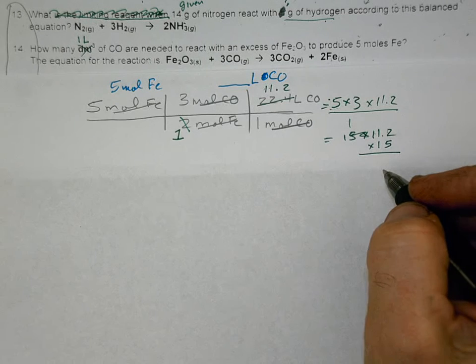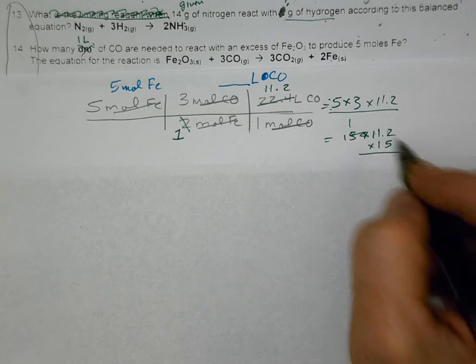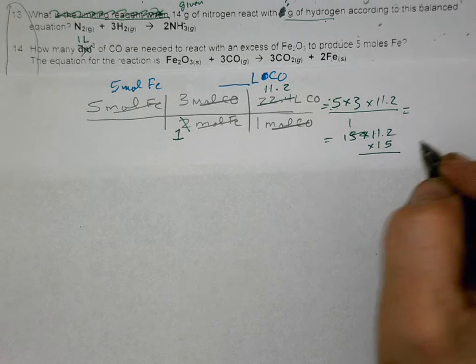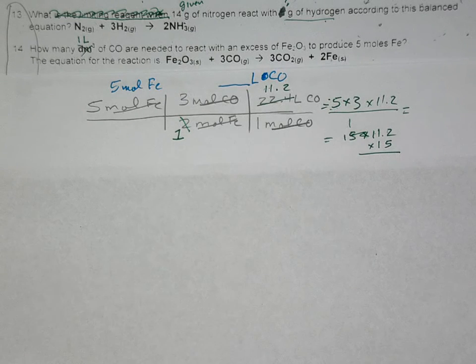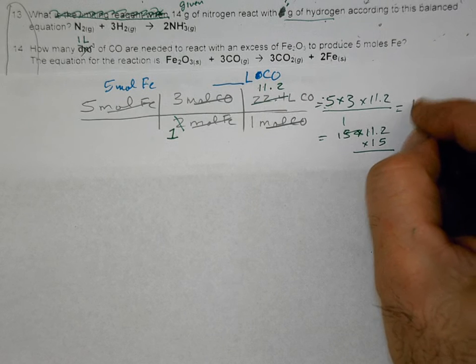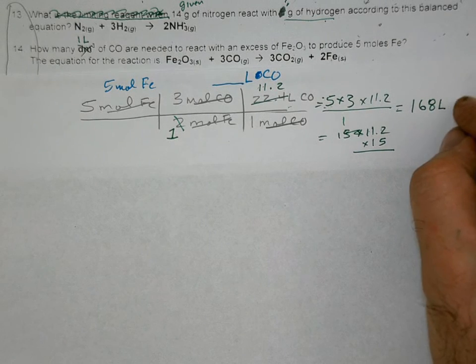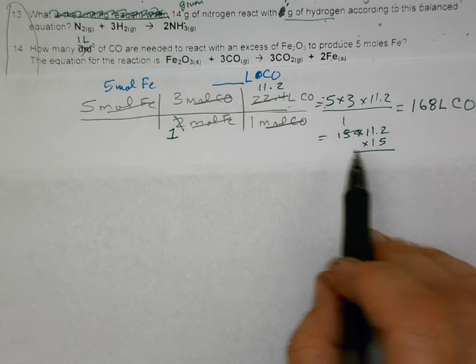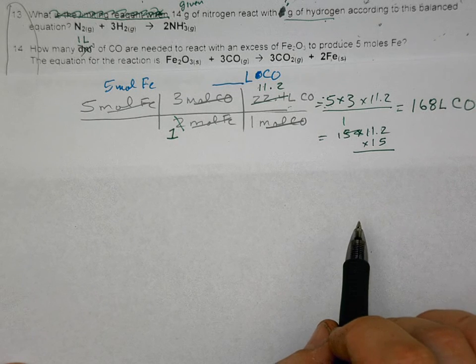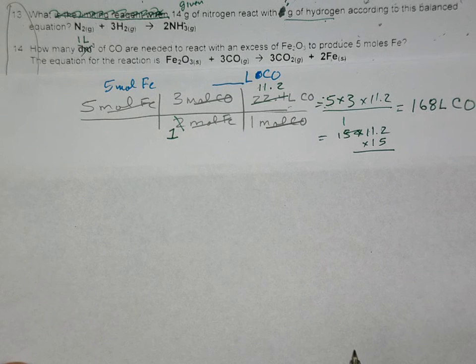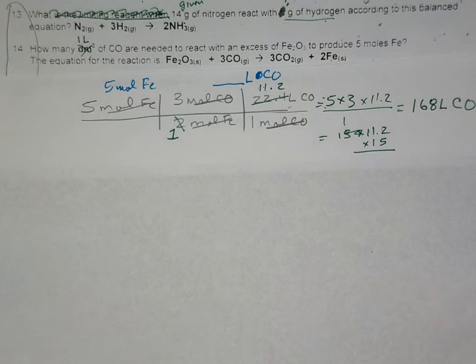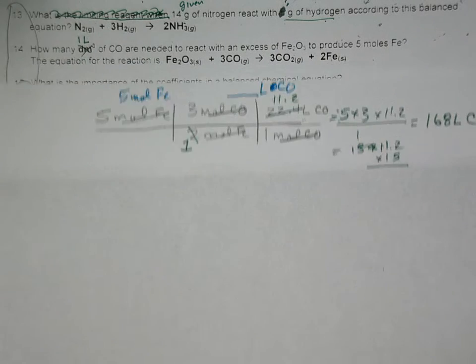And when you work it out and get it all multiplied out, it comes out to 168 liters, because we're looking for liters of CO. So it wasn't an easy or quick conversion, but we end up with that number there. 168 liters of carbon monoxide.